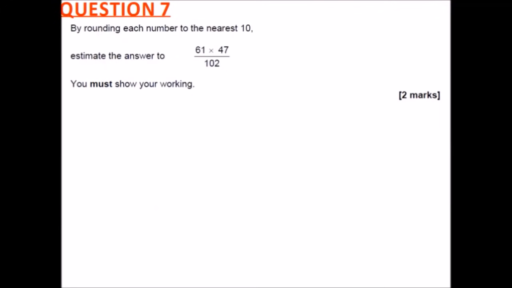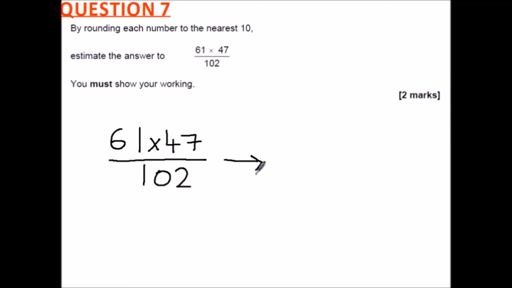So, looking at question 7 now. By rounding each number to the nearest 10, estimate the answer to 61 times 47, all of that divided by 102. So I'm just going to copy out the question, 61 times 47, all of that divided by 102. Okay, I'm just going to do a bit of colour coding.